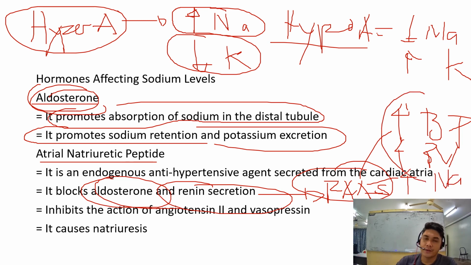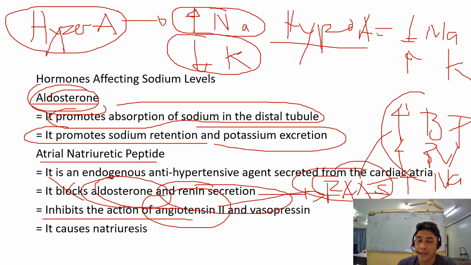So it's an endogenous antihypertensive agent because it also inhibits the action of angiotensin 2, which is part of the RAAS, and also vasopressin or ADH, because vasopressin promotes water retention, and if there's increased water retention, there's increased blood volume, and blood pressure is also increased.